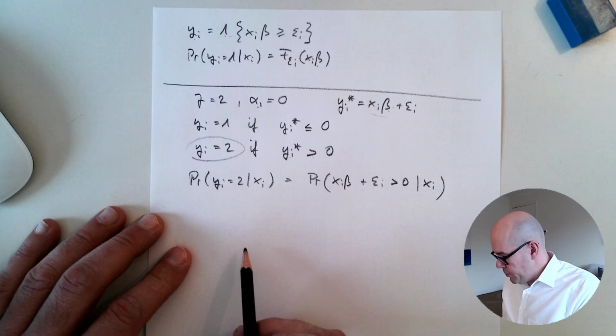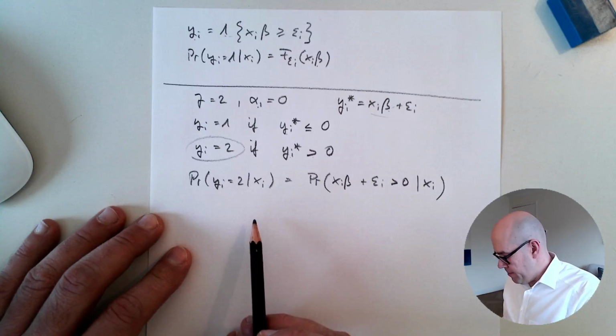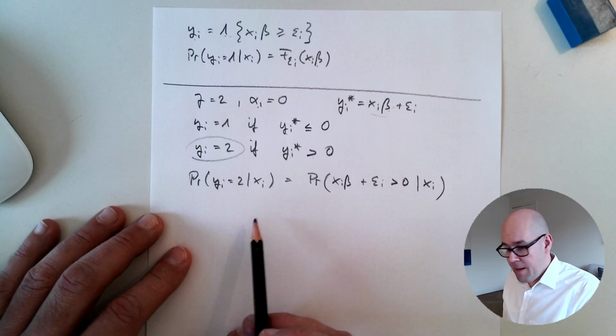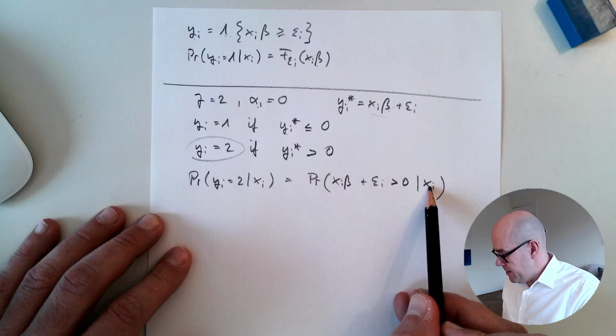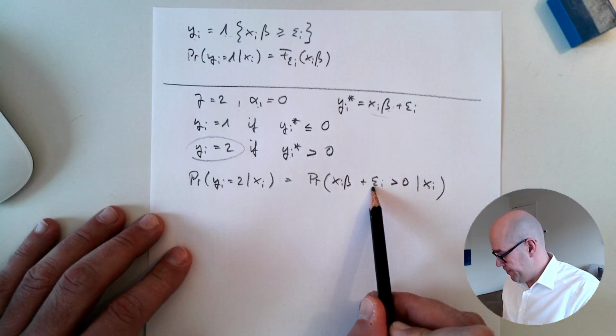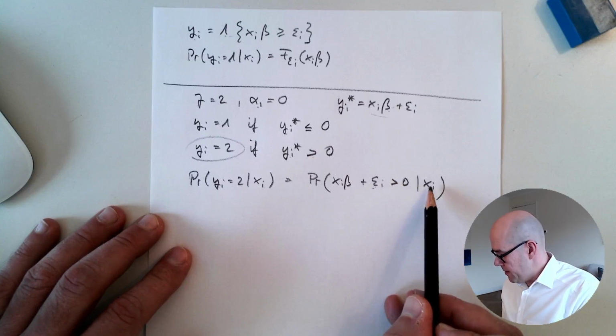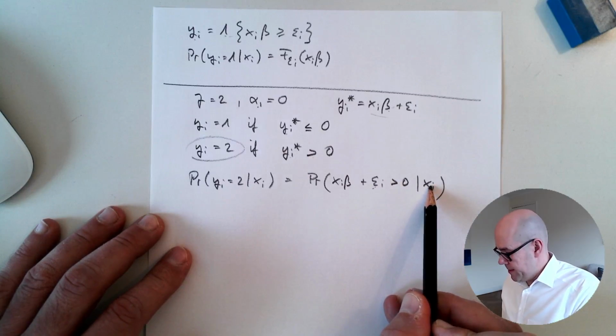And what I'm going to do here, actually later in the slides, is make the exact same assumption as before, namely that xi is independent of epsilon I. Okay, so if I do that, then I'm conditioning here on xi.